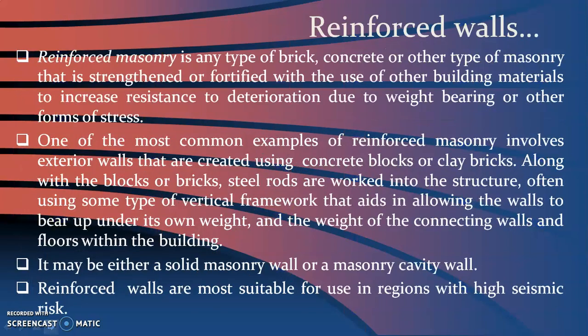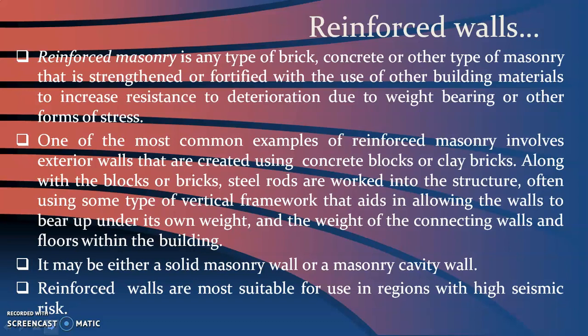Reinforced walls. Reinforced masonry is any type of brick, concrete or other type of masonry that is strengthened or fortified with the use of other building materials to increase the resistance to deterioration due to weight bearing or other forms of stresses to which the structure is exposed.